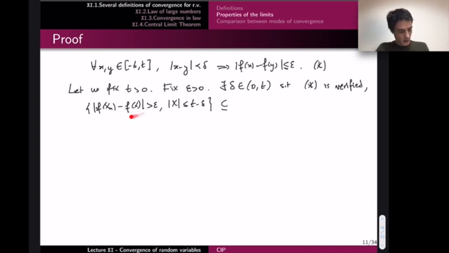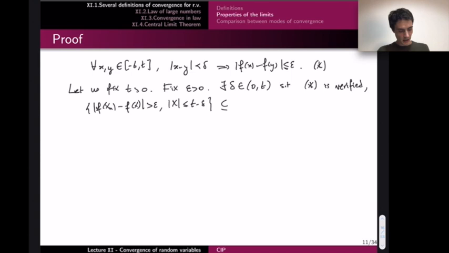So if this is greater than epsilon, and if xn and x are both in the interval [-t, t], then that means that this cannot happen. Or this means that |x - y|, so |xn - x|, is greater than delta. That's the first possibility. But there is another possibility.